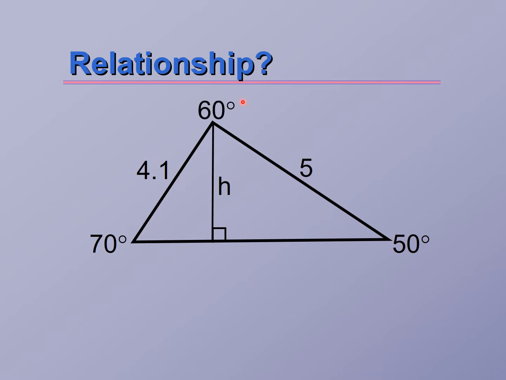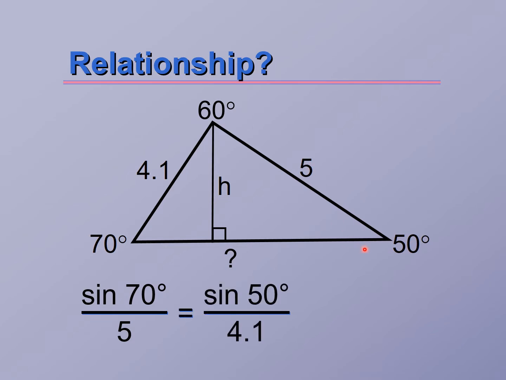And then we have this angle, 60, which we could have solved by doing 180 minus 70 minus 50, which gives us 60. And then we can actually solve for this unknown side using law of sines. So we can use sine 70 over 5 is equal to sine 50 over 4.1 equals sine 60 over our unknown side. If we wanted to, we can cross multiply here and then solve for our unknown.